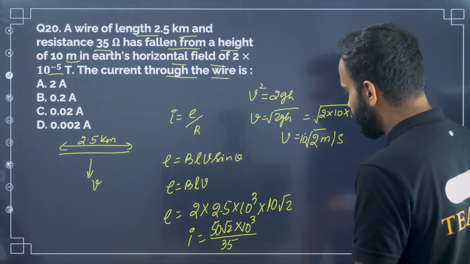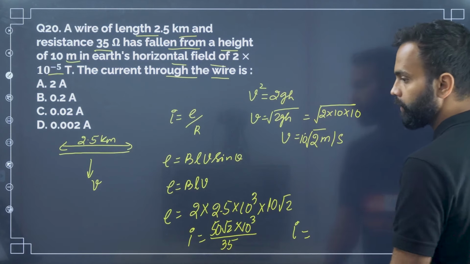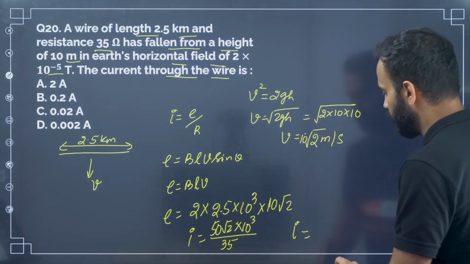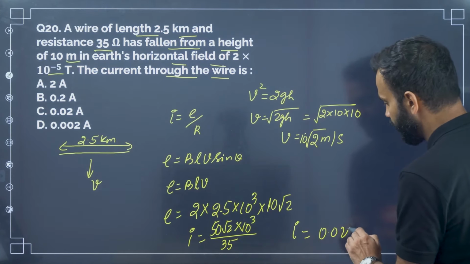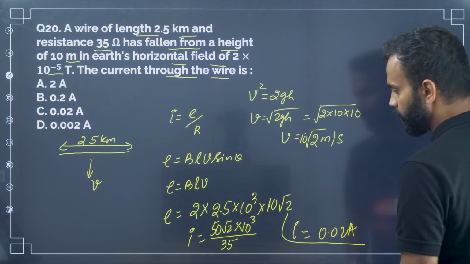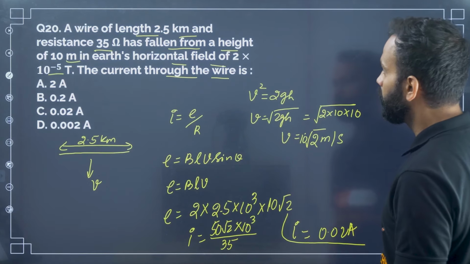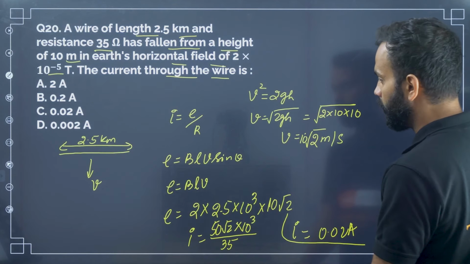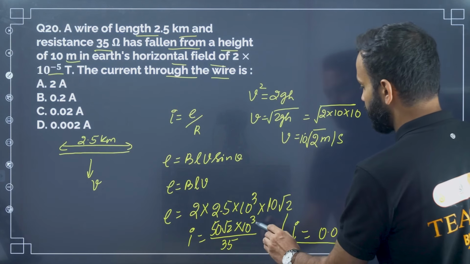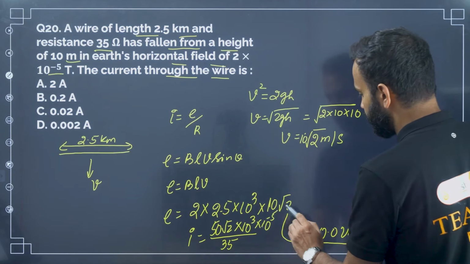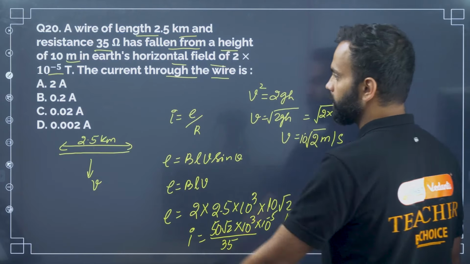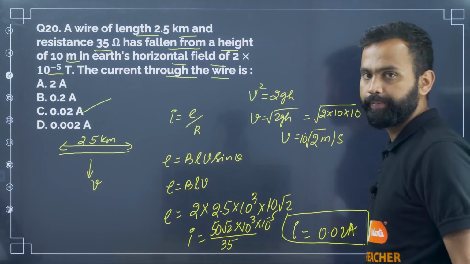Solve this, you will get 0.02 ampere. Understood? Here B is 2 into 10 to the power minus 5. The correct option is C.